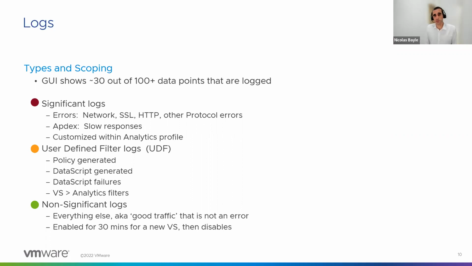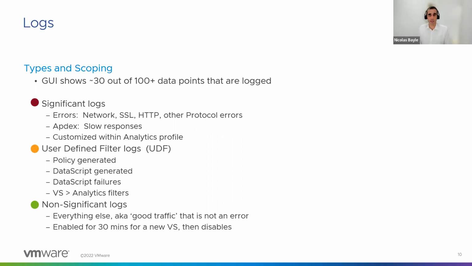Let's say you have an HTTP 404. For AVI, this will be categorized into a significant log. Let's say this request was extremely slow, like 5 seconds, for instance. AVI will see that this is too slow and will say it's a significant log. And you have another one, which is the non-significant logs.